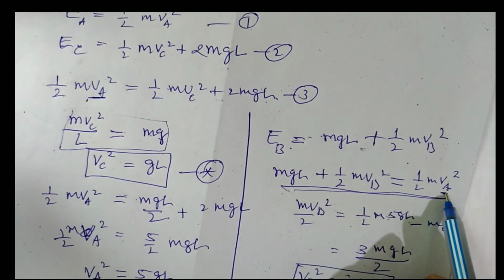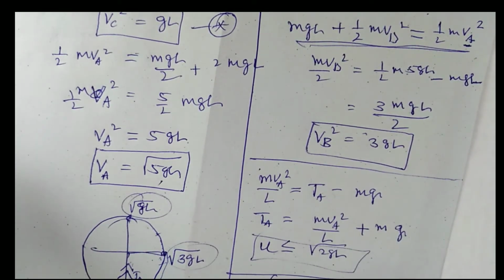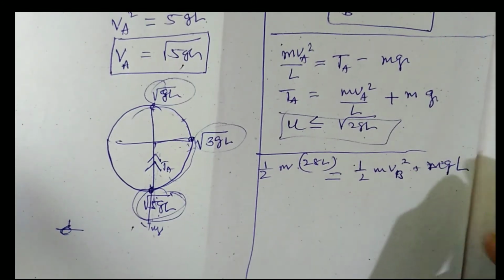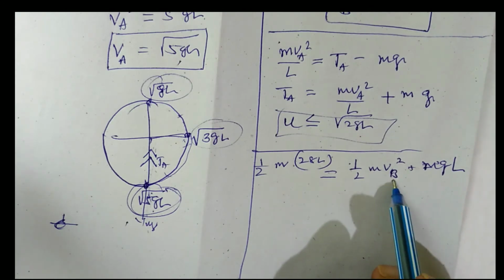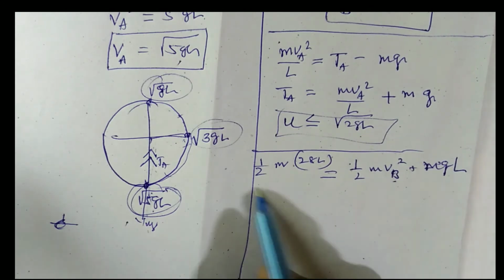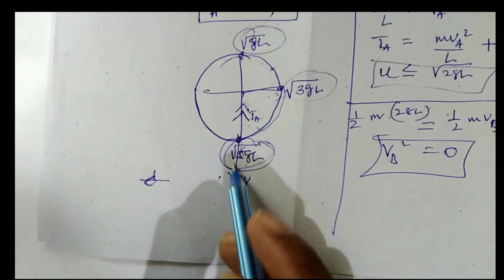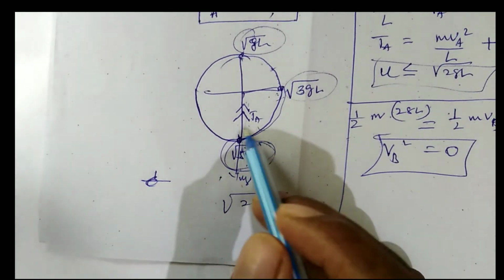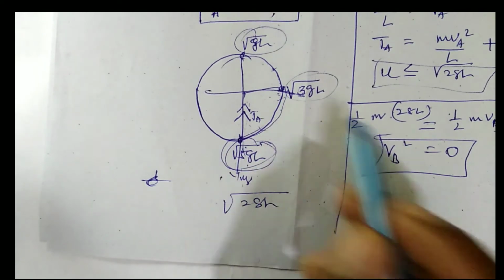This is 2gl, which is equal to 2mgl plus mgl. Now vb square, what happens? That is mgl if you bring, vb square becomes 0. Means if the velocity is not 5gl and it is less than that of this, that is 2gl, the velocity becomes 0 here, okay.